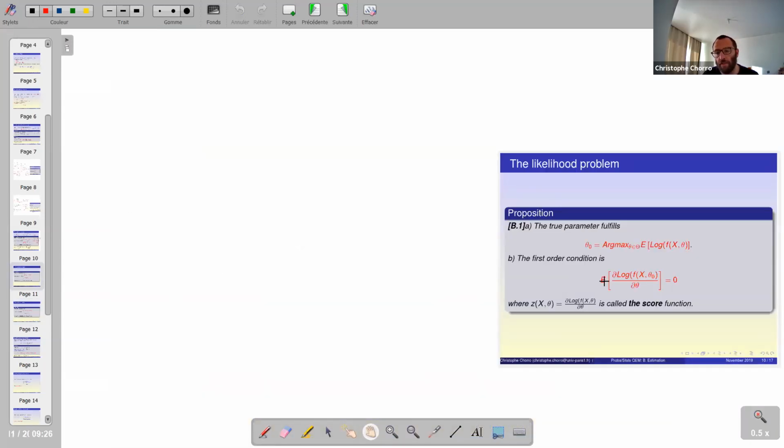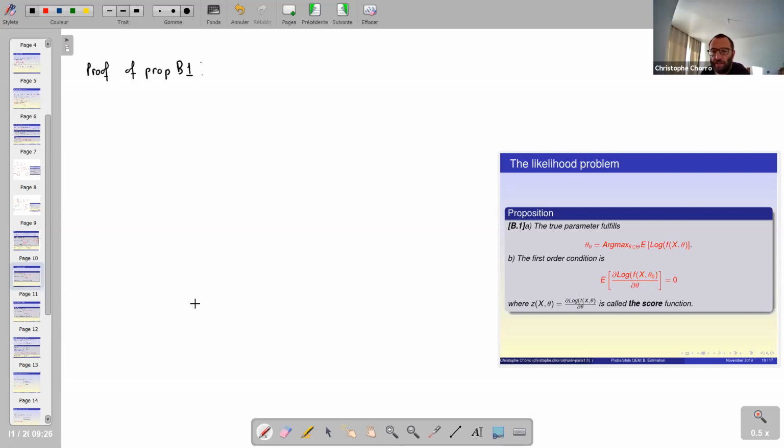So let's do the proof of proposition B1, which will allow me, I repeat, to express my parameter of interest as the result of a maximization program.